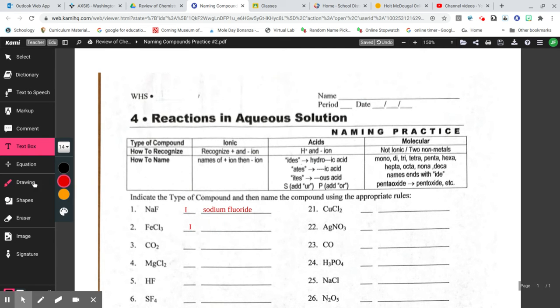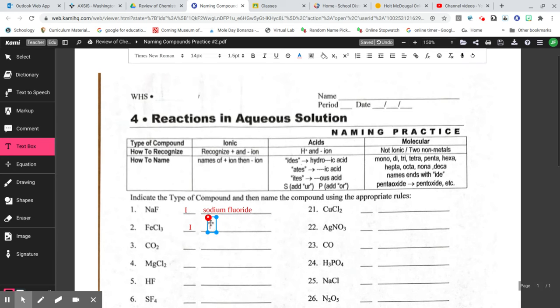And we know that Fe is iron, but we need to know, is it iron 2 or is it iron 3? So look at your anion. Your anion is going to determine it. Chloride has a -1 charge, so that means that this has to be iron 3. We'll do 3 uppercase I's for our Roman numeral 3, and then Cl is chloride.